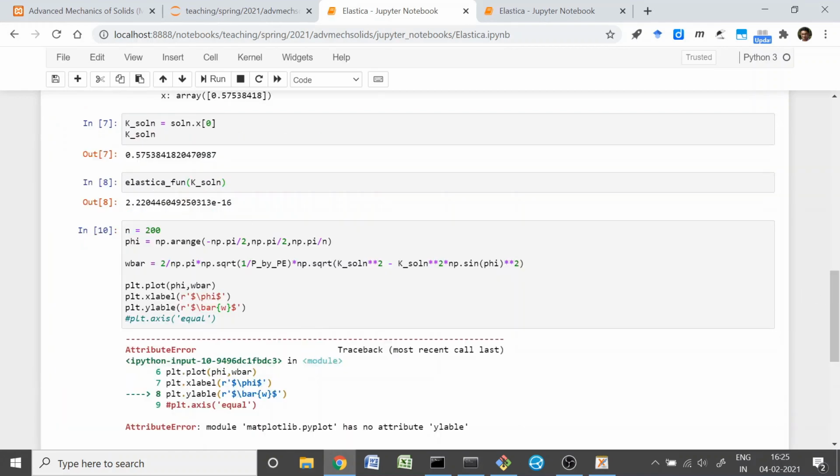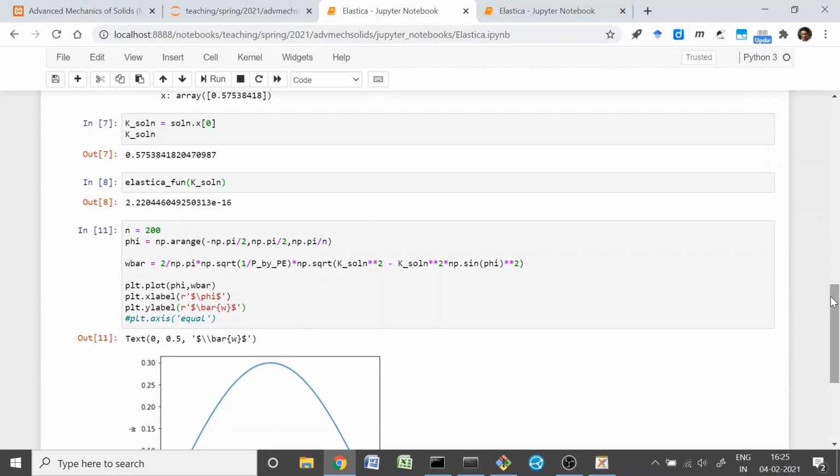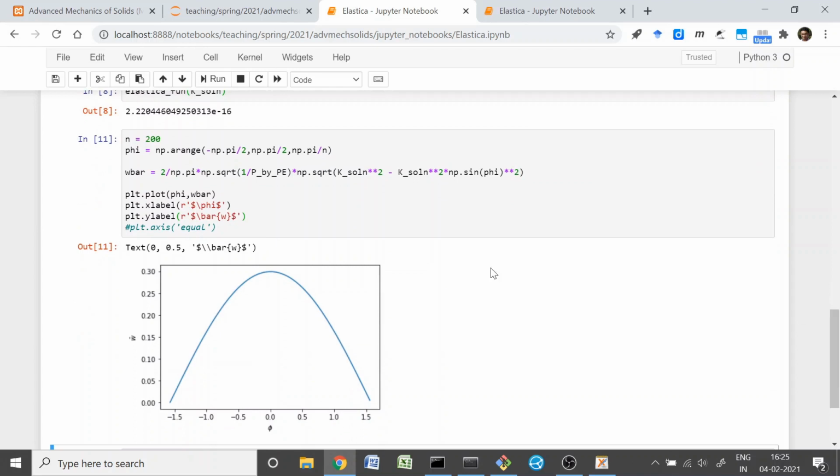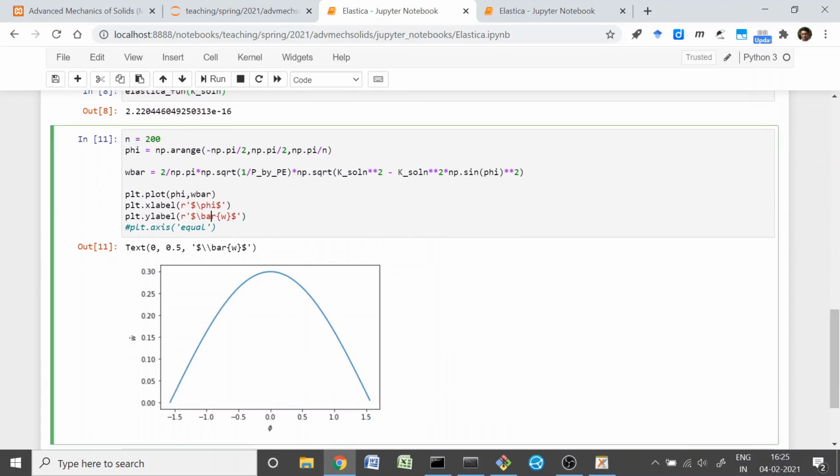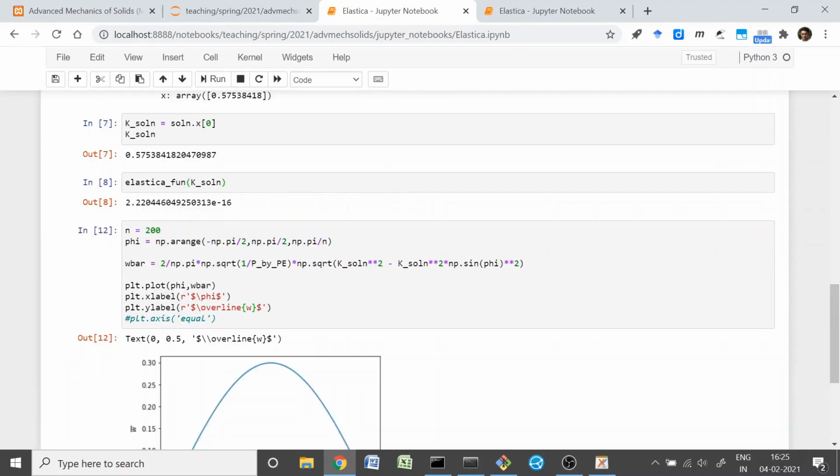Oh, sorry, that's a spelling mistake there. Okay, so this bar is barely showing up. Let me just try to rewrite that. Okay, that's better.